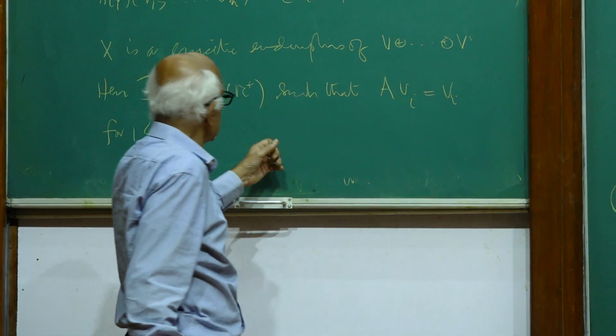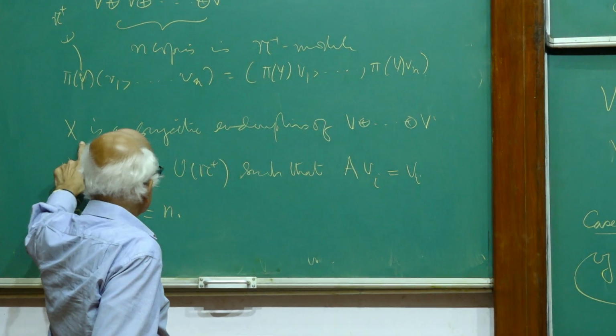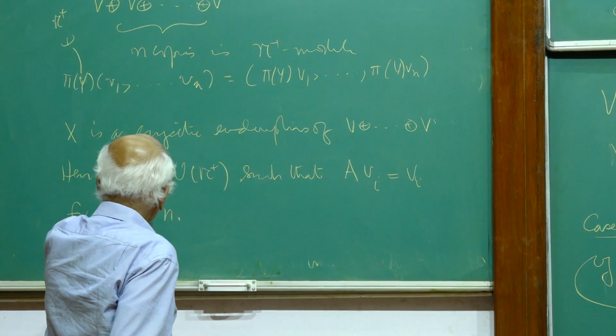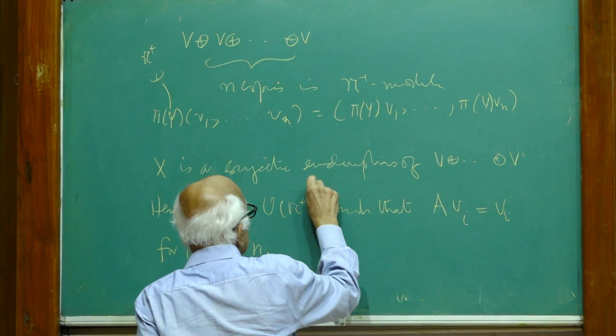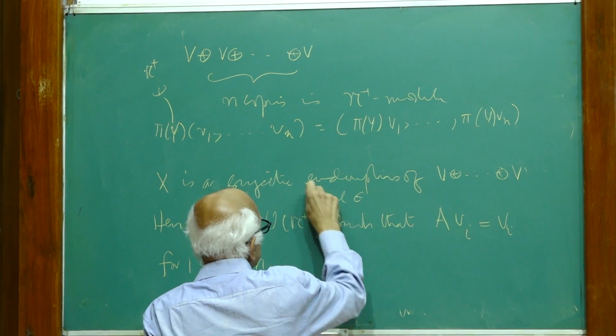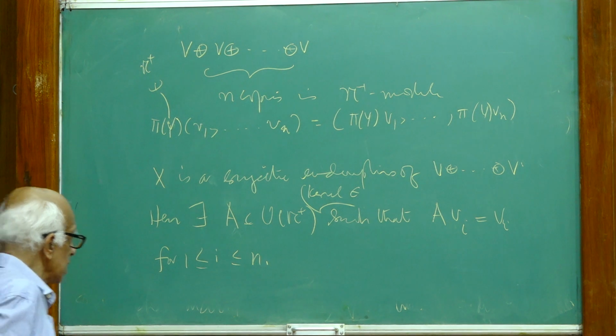I am just applying the fact that it's surjective. X is a surjective endomorphism. So you conclude that there is an A in the kernel of the augmentation ideal, kernel of the augmentation map, A Vi equal to Vi.